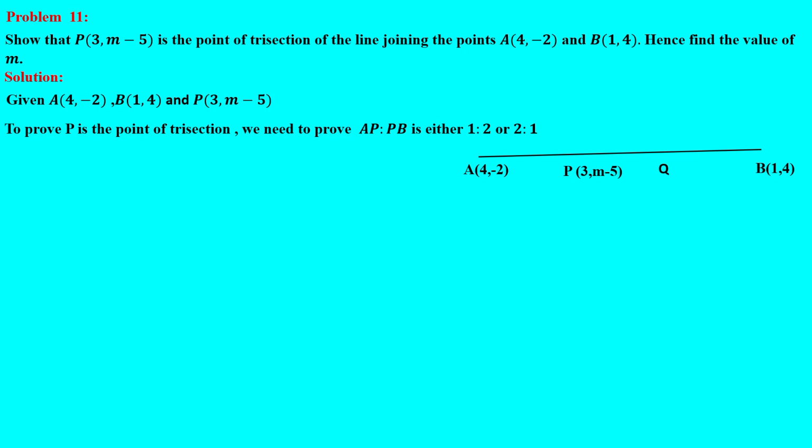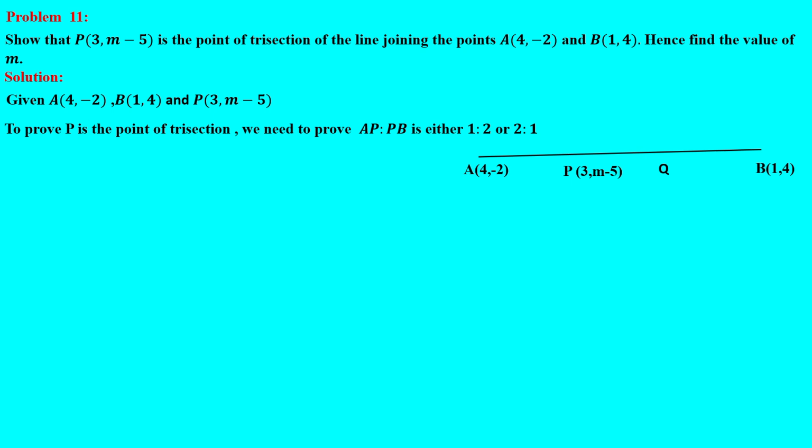So all 3 parts are equal. AP is to PQ is to QB is equal to 1 is to 1 is to 1. So we need to prove P is the point of trisection, a single point of trisection on the line joining A and B. It is enough to prove the part AP is 1 and PB is 2.